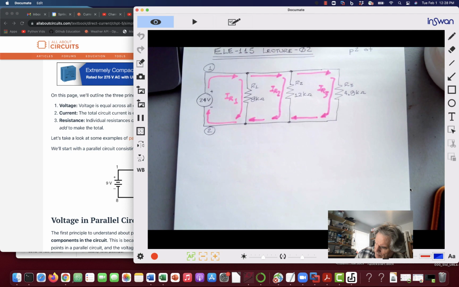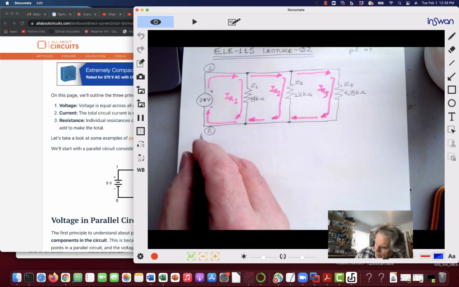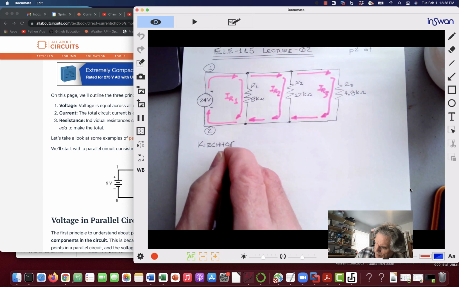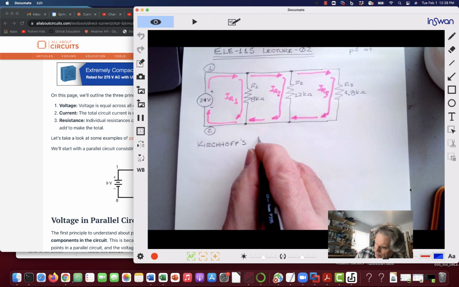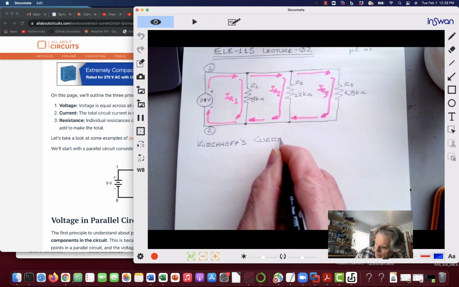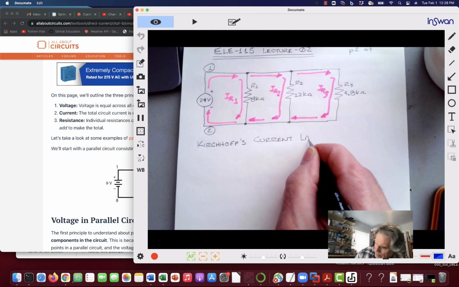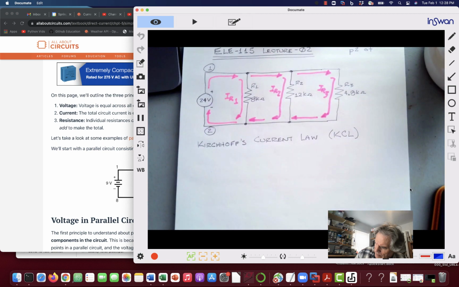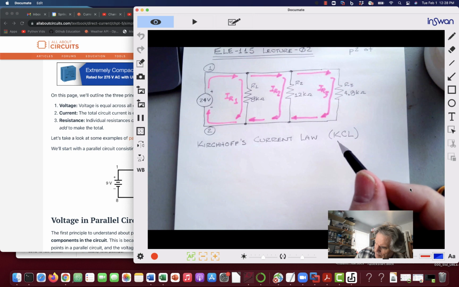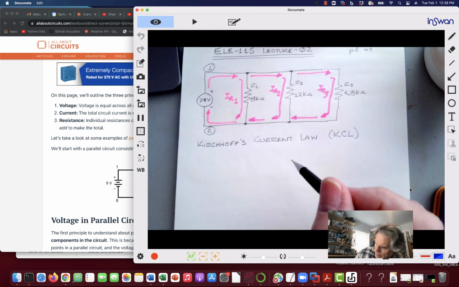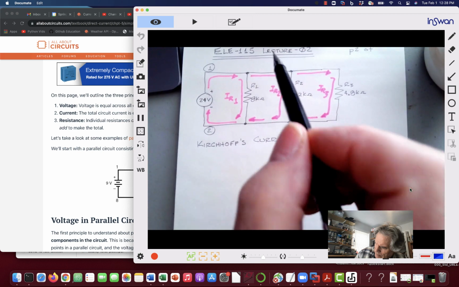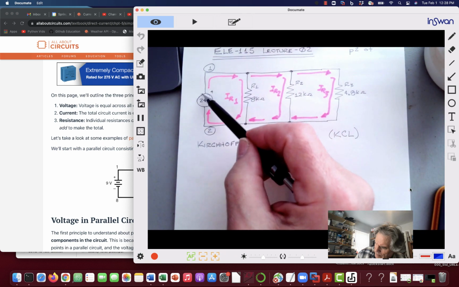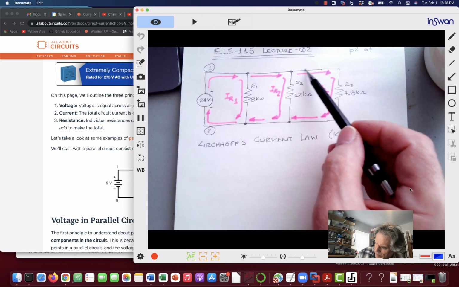Now, let's talk about Kirchhoff's current law, often called KCL. All right. In Kirchhoff's current law, you take something like, well, let's take this entire node. Okay. Remember, it goes from here over to here, over to here, over to here.